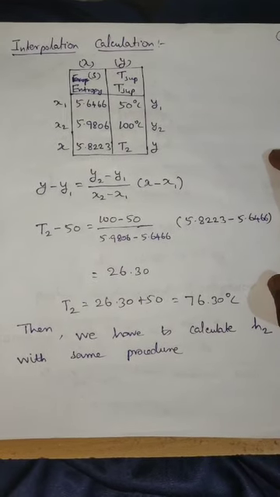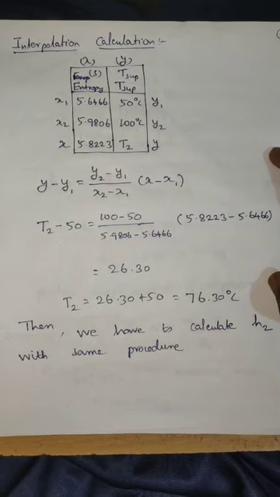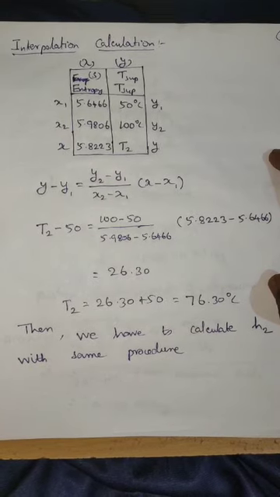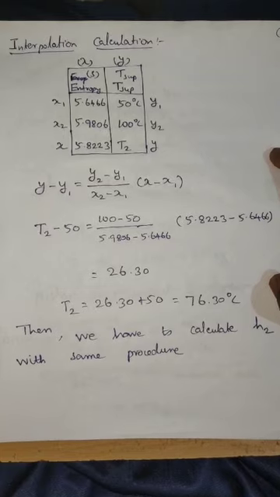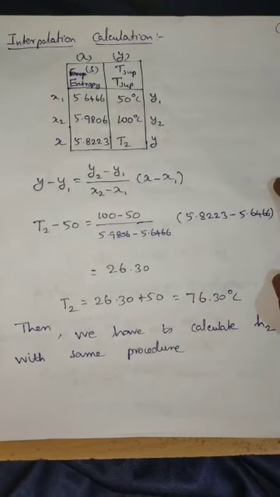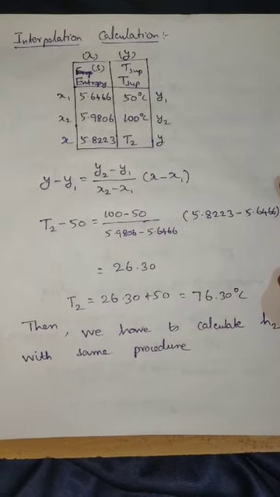Then the interpolation formula is this: y minus y1 is equal to y2 minus y1 divided by x2 minus x1 into x minus x1. Here y is the temperature value and x is the entropy value, which means y is unknown, x is known. Then substitute the values and calculate the temperature, which is equal to 76.30 degrees Celsius, which is the temperature at point 2.